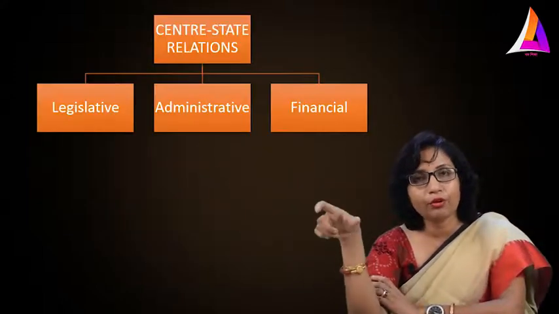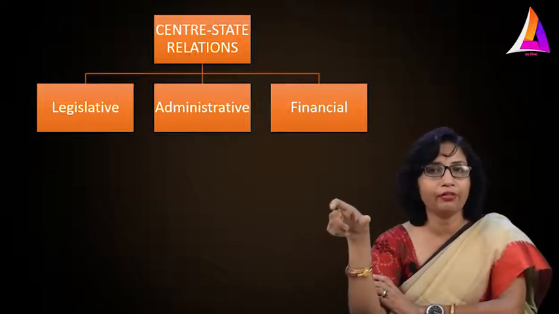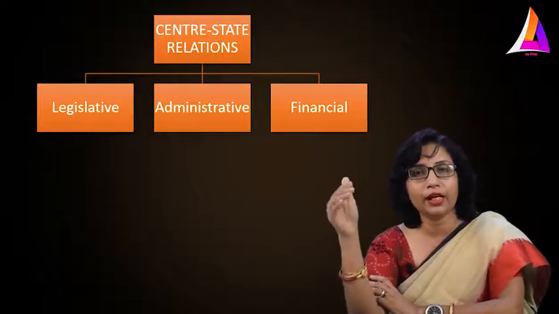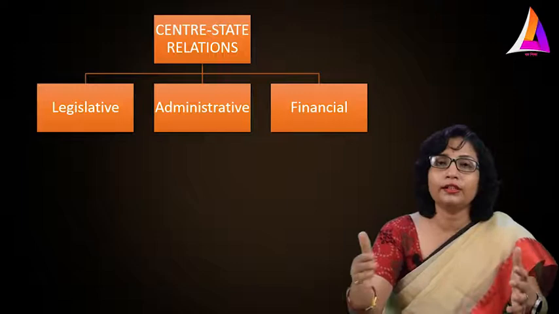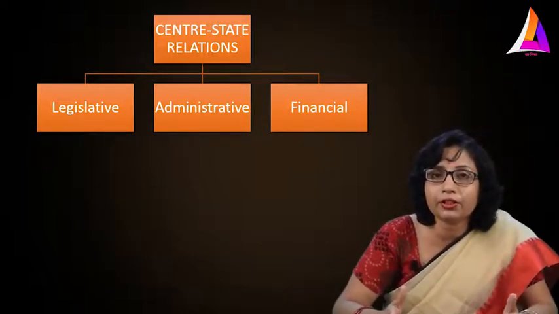So first I'm going to discuss what is called the center-state relations, that is the meaning of the center-state relations, and it can be categorized under three broad heads: legislative, administrative, and financial. So one by one, I will discuss what is the administrative relationship between the center and the states, what is the legislative relationship, and what is the financial relationship between the center and the states.